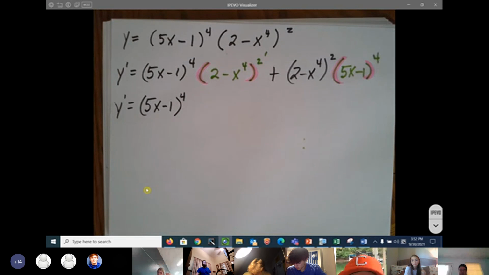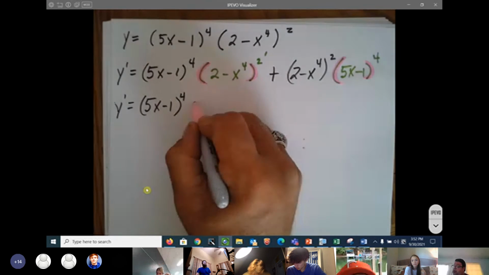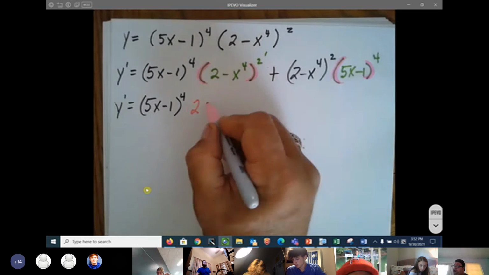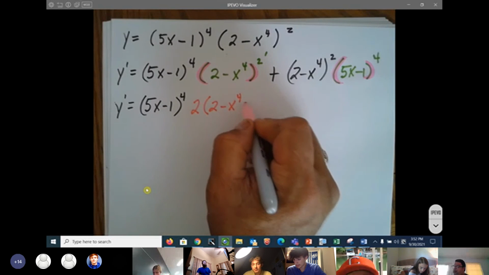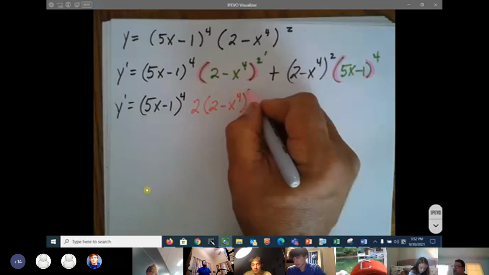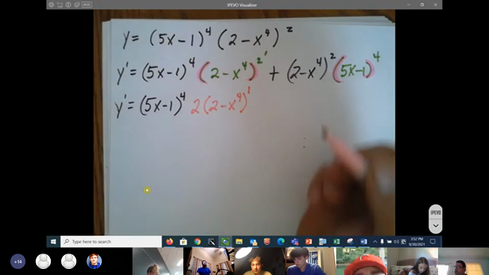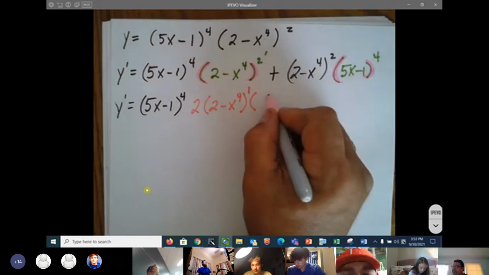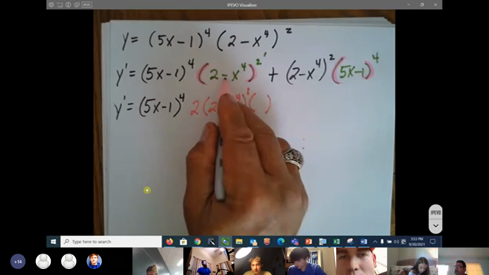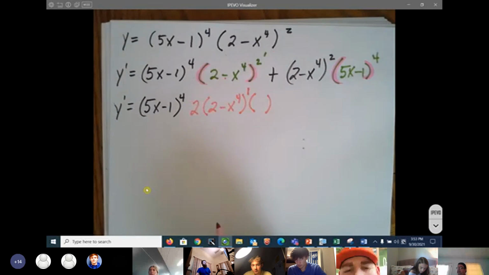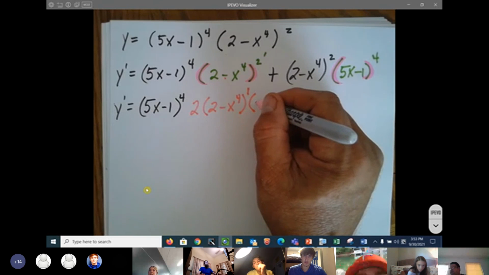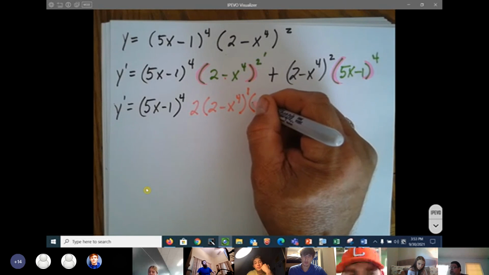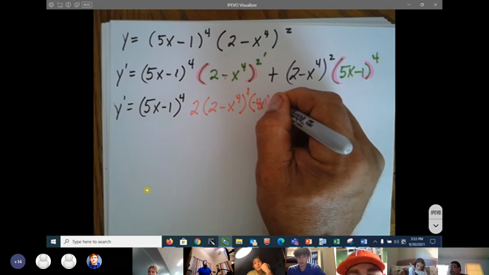So this is going to be 2 times (2 minus x to the 4th) to the power 2 minus 1, which is 1. And what is the derivative of negative x to the 4th? Negative 4x to the 3rd.